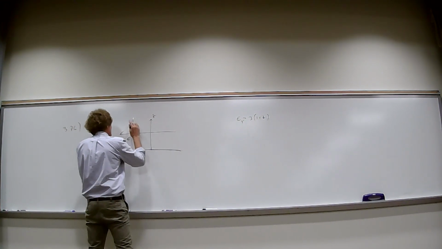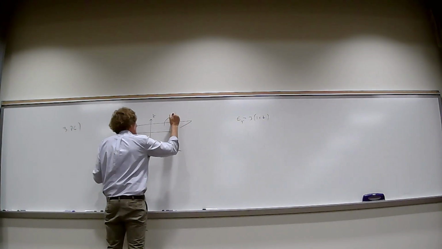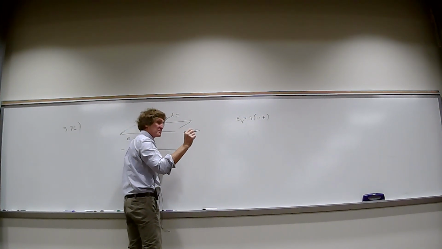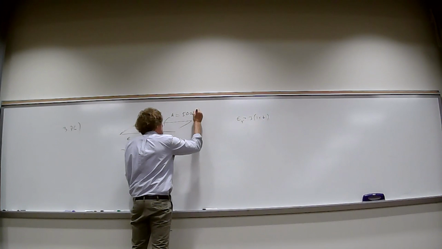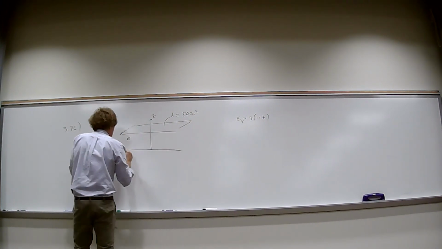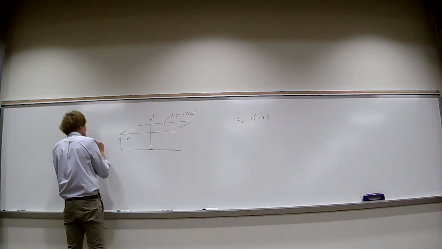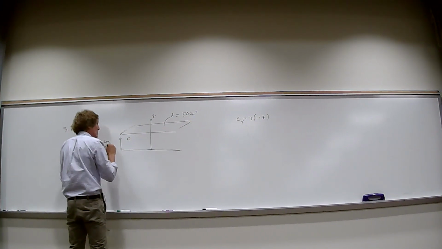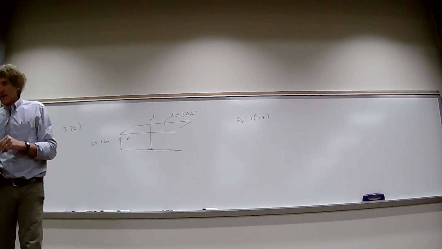The area of a plate here is 50 centimeters squared. And what is the spacing? The thickness of the capacitor is 1 centimeter. All right, I'm going to tell you something that's hopefully useful.